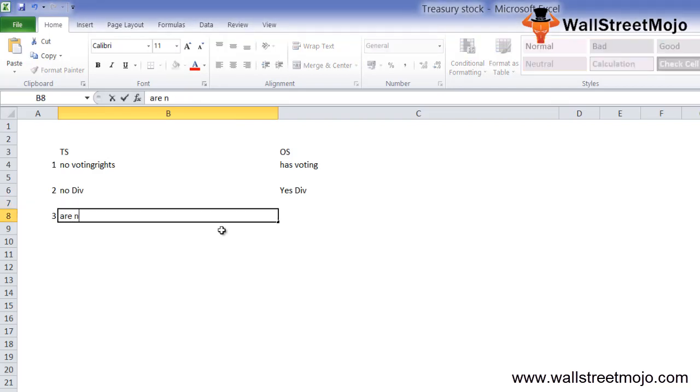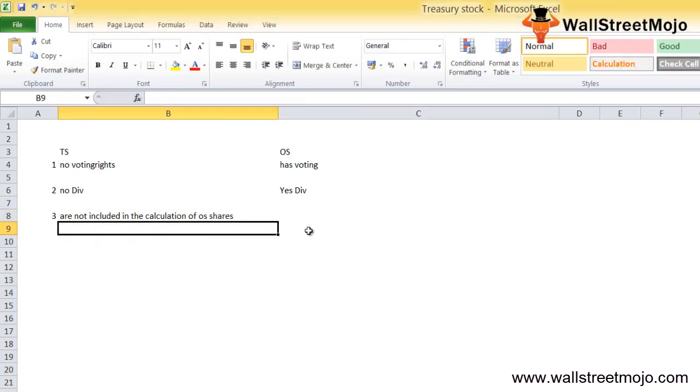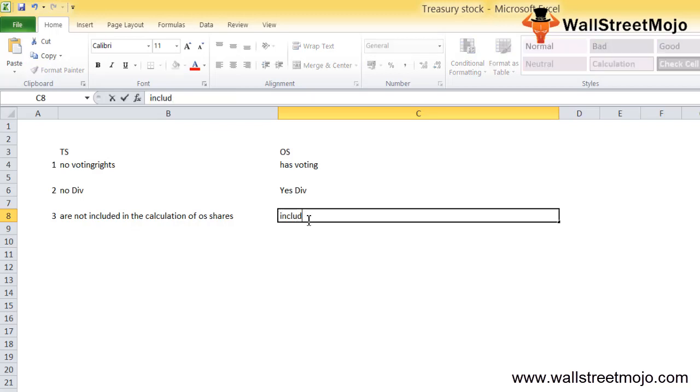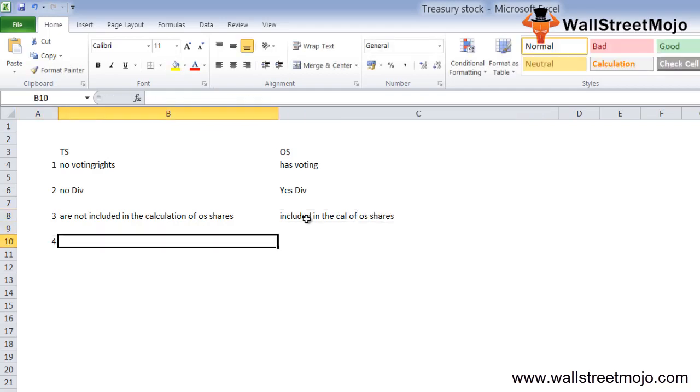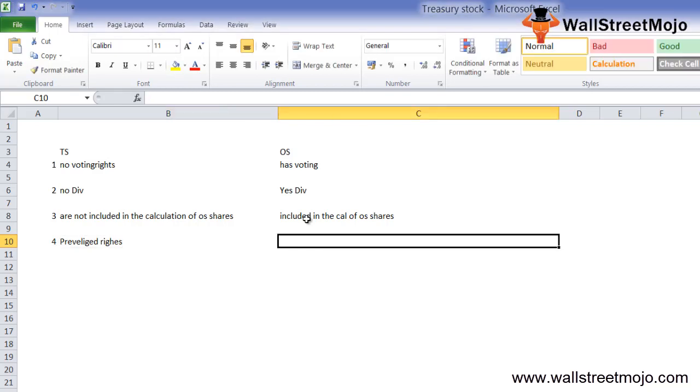Third, treasury shares are not included in the calculation of outstanding shares, while outstanding shares are included. Fourth, treasury shares cannot exercise any privilege rights as shareholders, while outstanding shares can exercise such privilege rights as a shareholder.